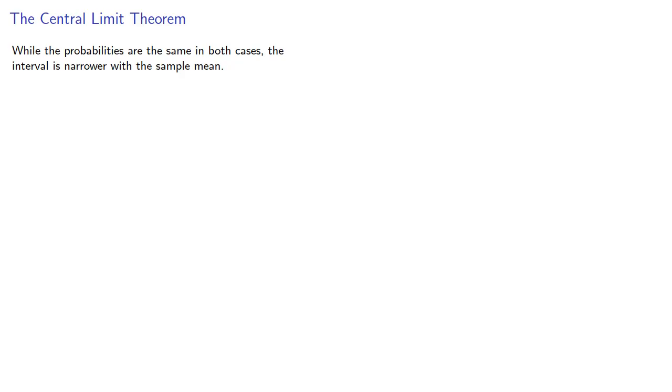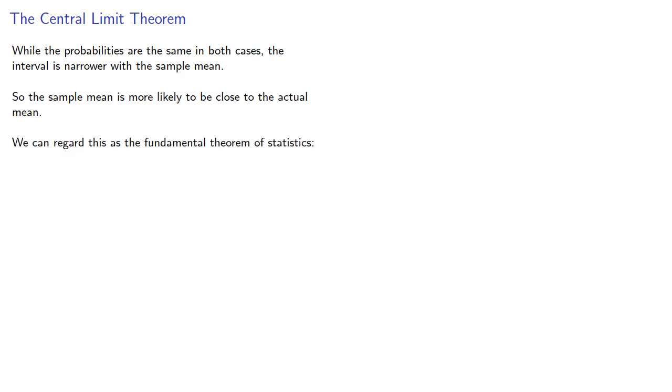While the probabilities are the same in both cases, the interval is narrower with the sample mean. So the sample mean is more likely to be close to the actual mean. We can regard this as the fundamental theorem of statistics. The sample mean approximates the population mean.